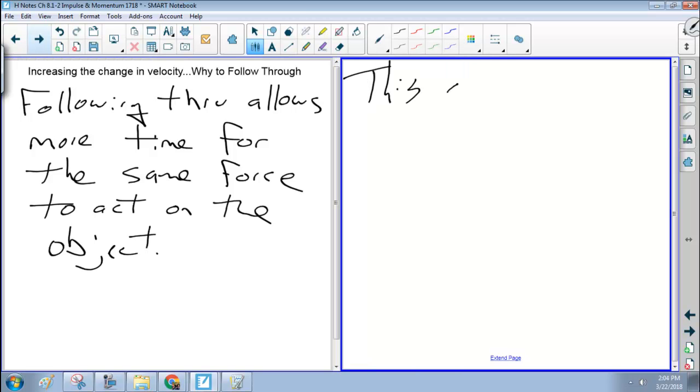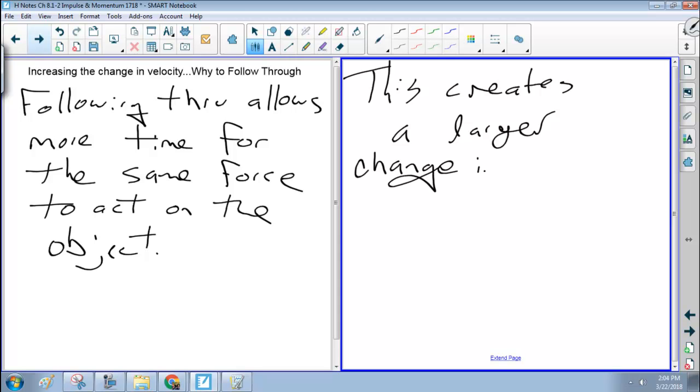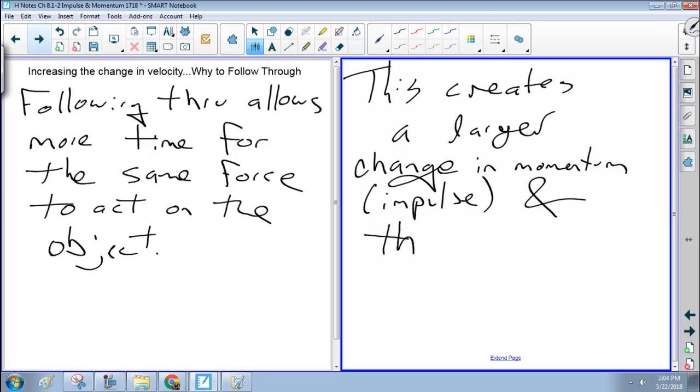This creates a larger, what? Impulse, change in momentum, right? I'm just going to put impulse in parentheses. And therefore, except I'm going to write thus, because it's less letters, a larger what?